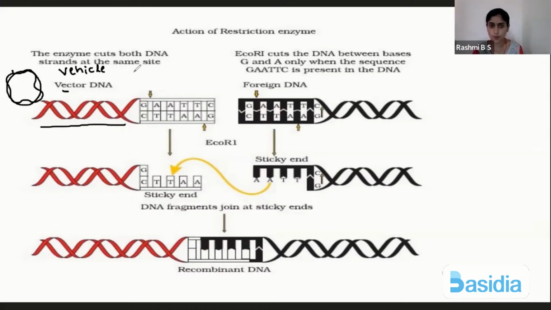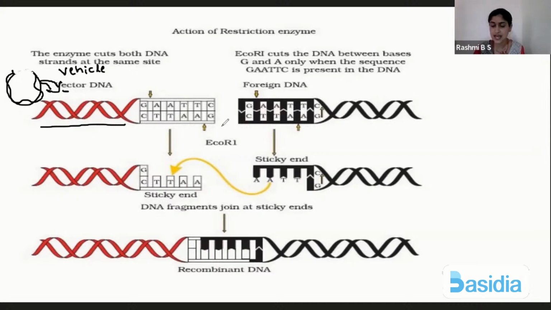I just cut it open with the help of a restriction enzyme. I'm enlarging that. Just assume it has been enlarged. What is happening here? Let us see. So this is vector DNA. In the vector DNA, you have a recognition site for EcoR1, that is GAATTC, right?